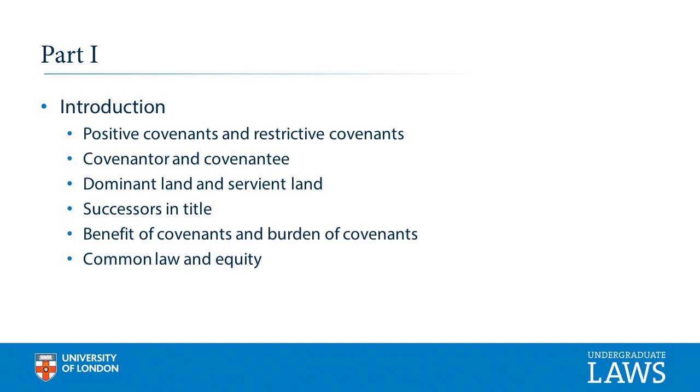And we describe C and D as the successors in title to A and B respectively. The question which arises, and which is interesting from a property law perspective, is whether C can enforce the covenants against D. Can C compel D to trim the hedges of Whiteacre? Can he prevent D from having barbecues in the garden of Whiteacre?